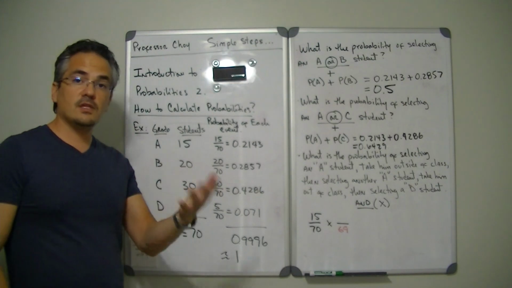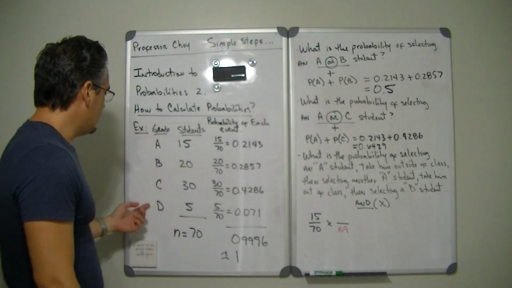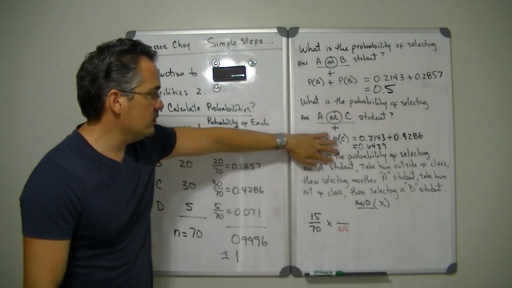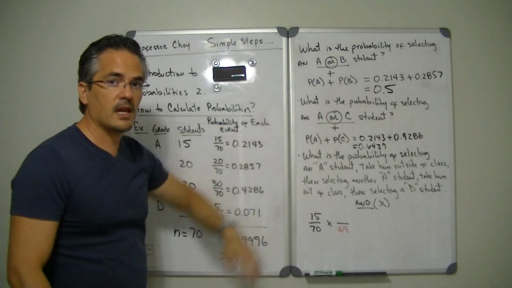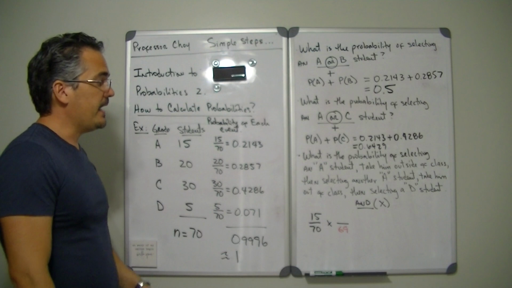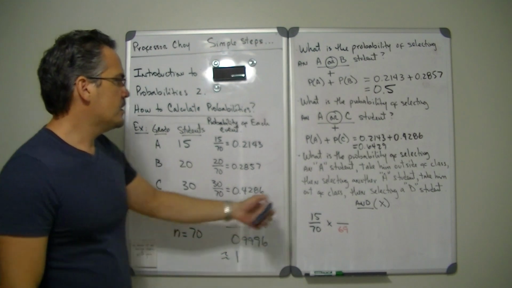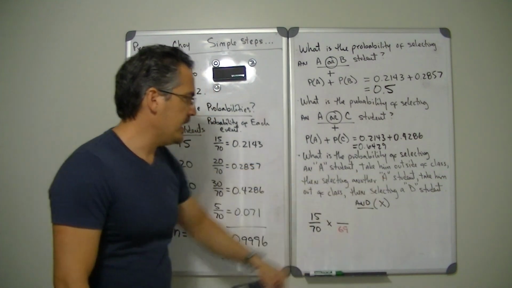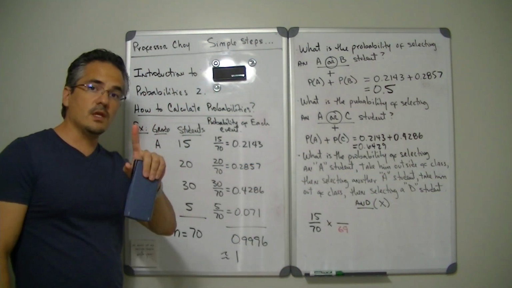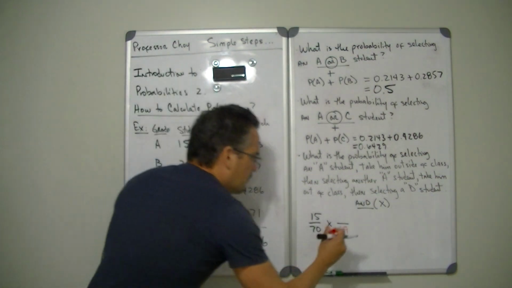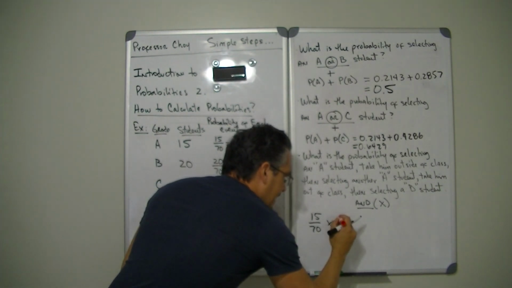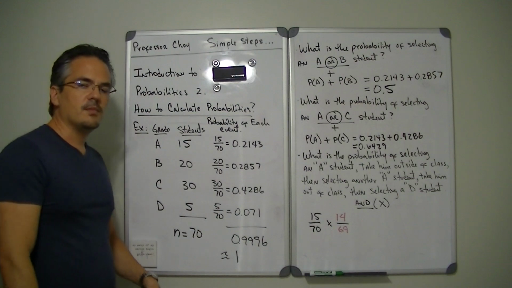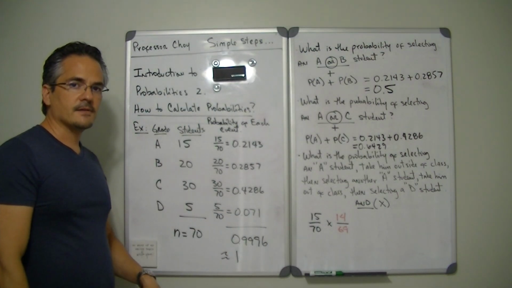Now, which student did we take out of the class? Was it a D student, a C student, a B student, or an A student? Well, it was this A student that we took out of the class. Therefore, the A student is gone. Now, they're asking you, then what is the probability of selecting another A student? But one A student is gone, so the probability of selecting an A student now is 14 over 69 because we took that guy out of the class.